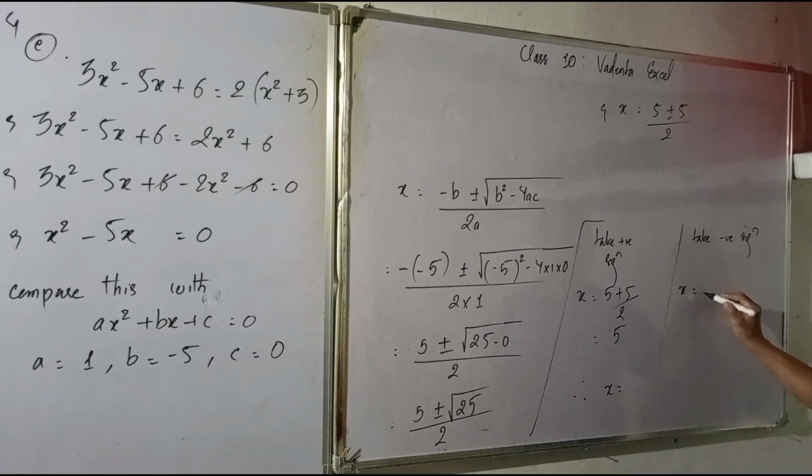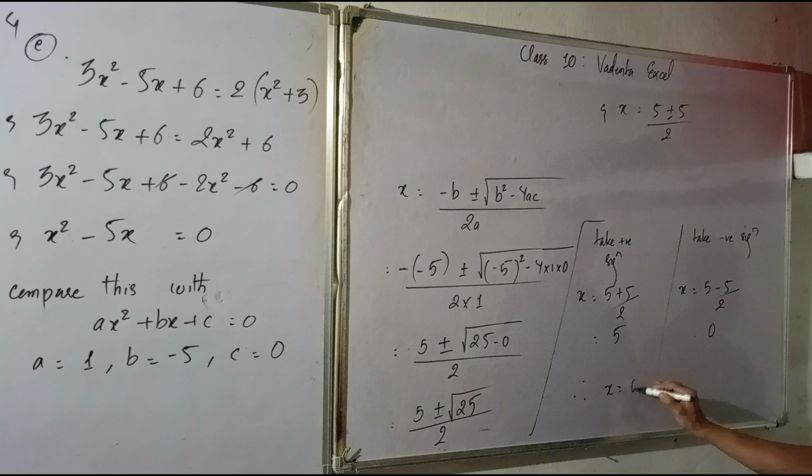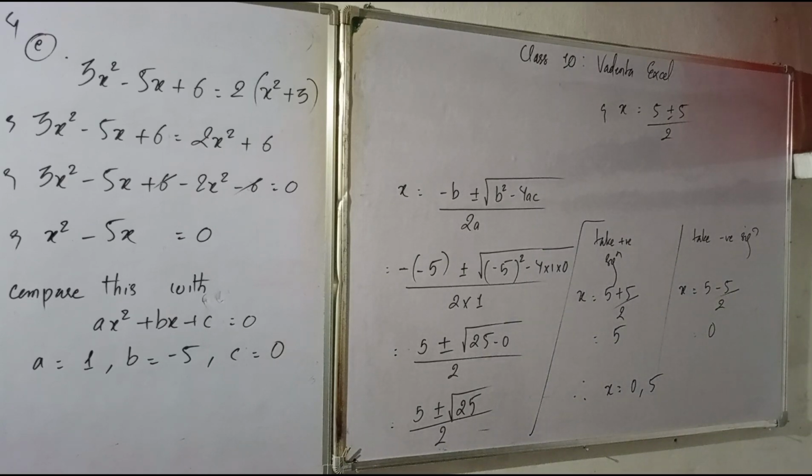Now take the positive sign first, and then the negative sign, just like the previous one. First the positive sign: 5 plus 5 divided by 2, which is 5. Next, taking the negative sign, 5 minus 5 divided by 2, which is 0. So you got two values for x.